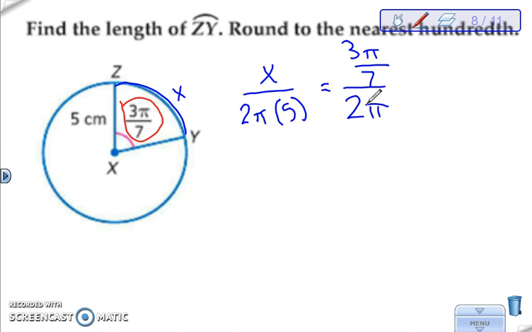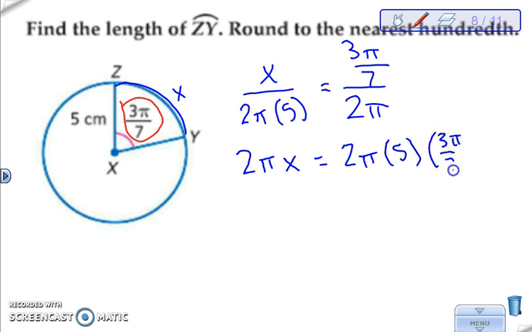And then I solve it the same way. So I'm going to cross multiply. Notice that for right now, before I type everything in on my calculator, I'm just going to write it out so I can see everything I need to type. And when I do this, I notice that there's a 2 pi on both sides.